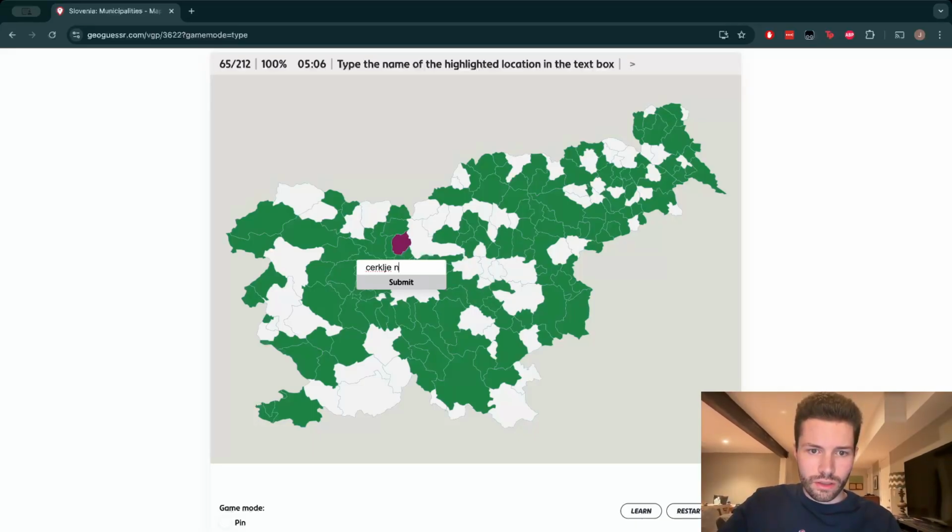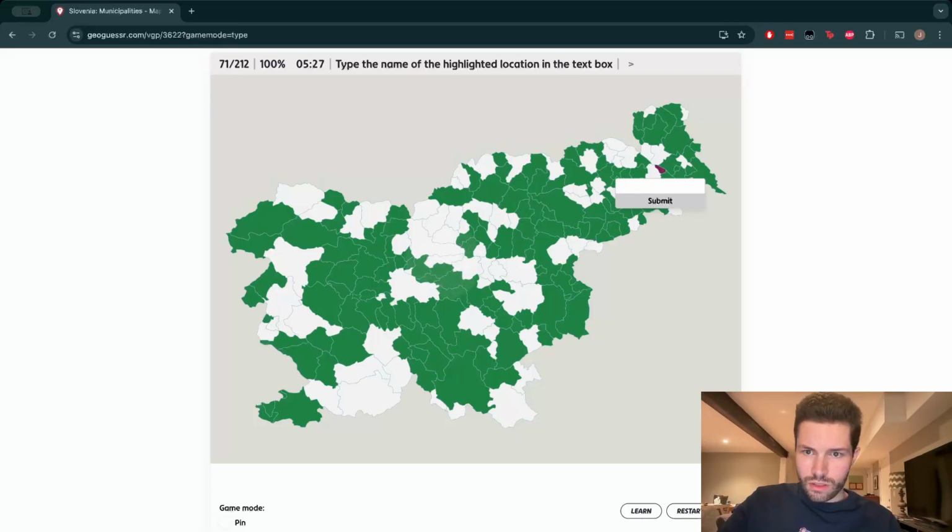Cerkvie na Goreňskem. Dravograd. That is Rogatec. This would be Gornji Grad. Rečica ob Savinji. Lukovica. That is Veržej. That one is Rogašovci.